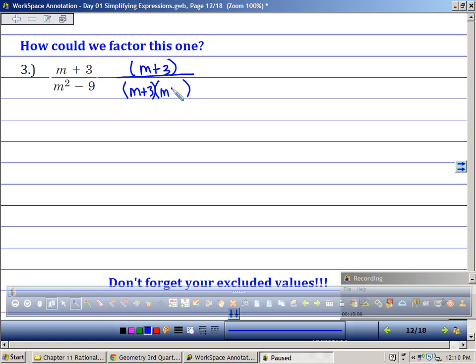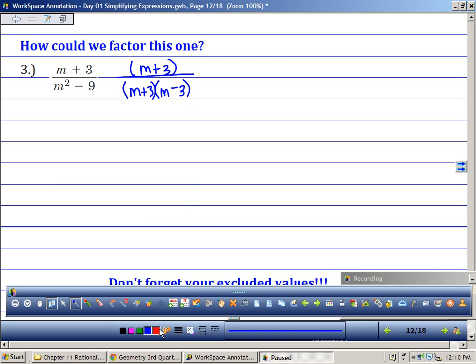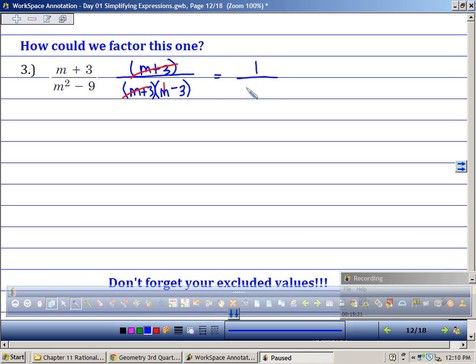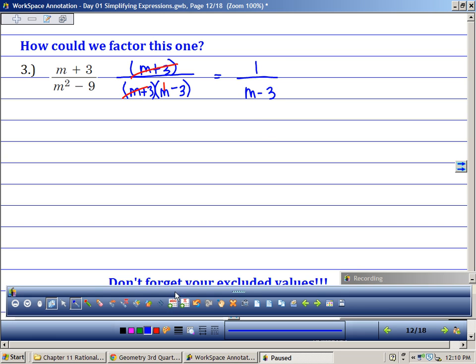Good. M plus 3 and m minus 3. Now I can eliminate my m plus 3. And what's left over? 1 over m minus 3.